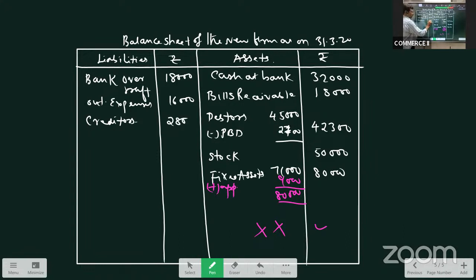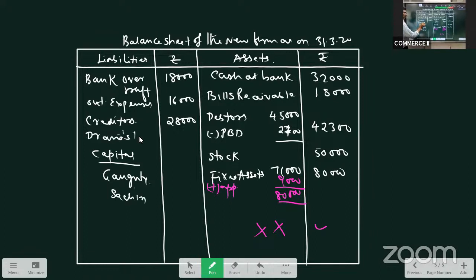Then general reserve, do we take it? No, it is credited to all the partners. Now let us take capital accounts. Capital accounts will show only for the continuing partners, that is Ganguly and Sachin.